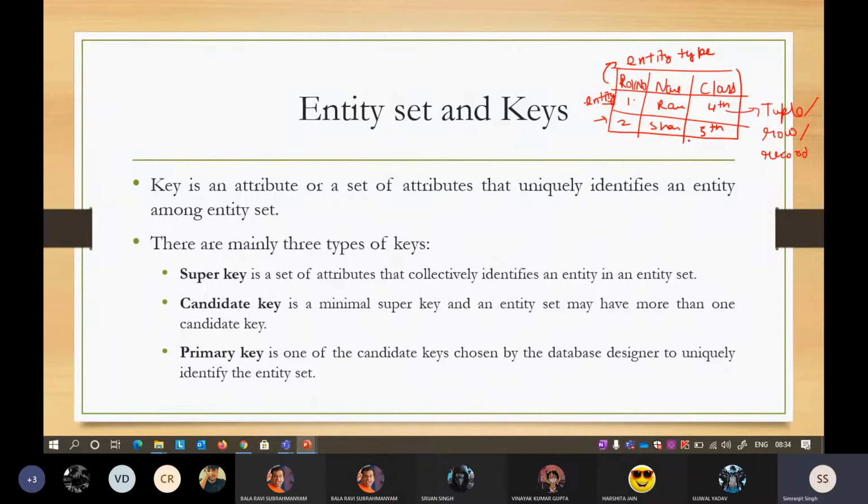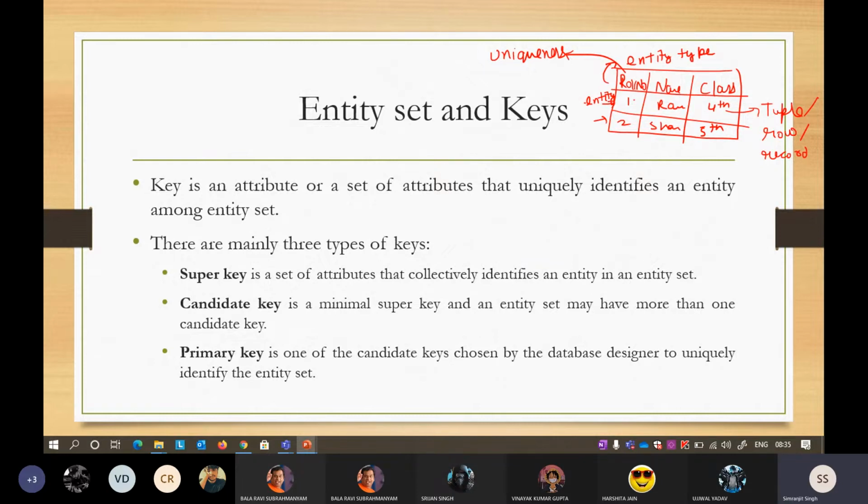If I have to uniquely identify any person's record, I rely on the roll number, because this roll number has uniqueness defined in it.